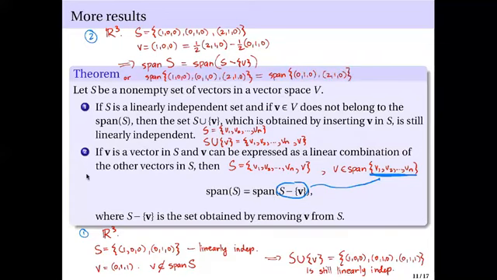So this is what the second statement here is telling us. So you have a set S, you have a vector in that set S, which can be written as a linear combination of the other vectors. If you remove it, you still get the same span. Okay? Questions?